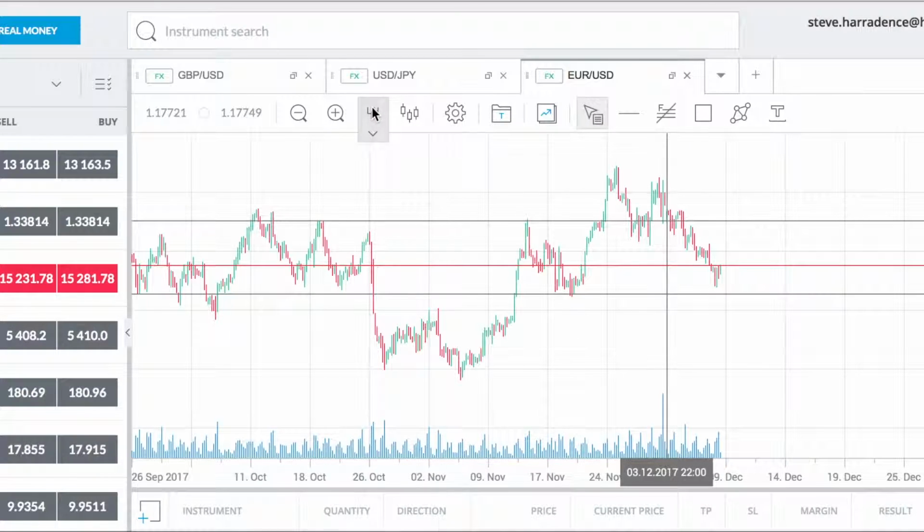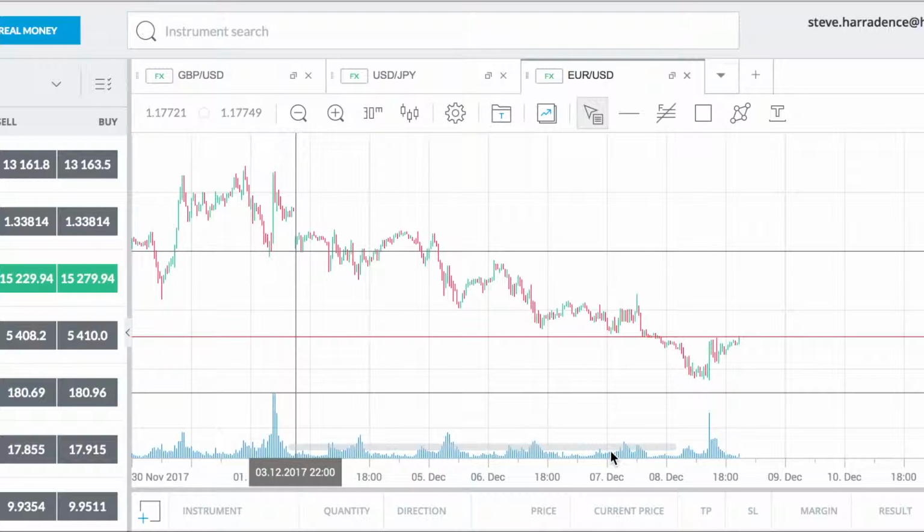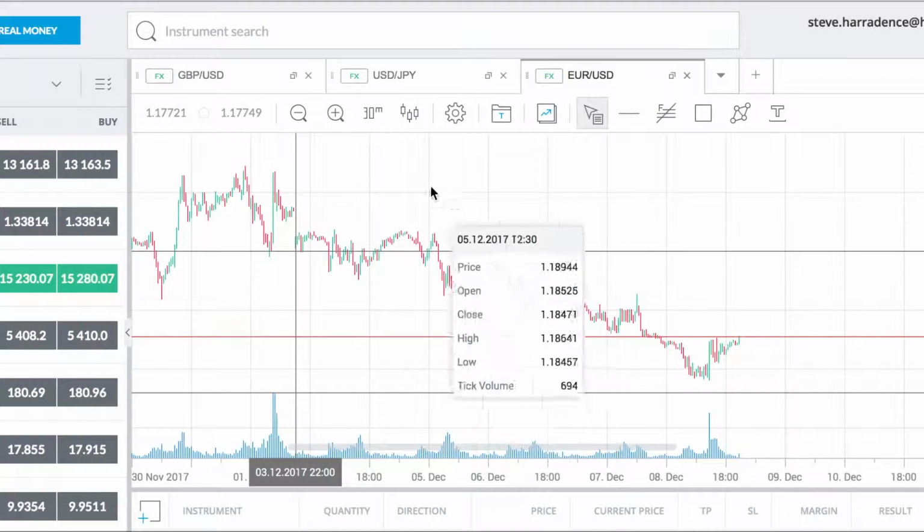So if we go to the 30-minute now, so more intraday levels, if it loads up. So ignoring these levels for the time being, we can use more intraday levels.